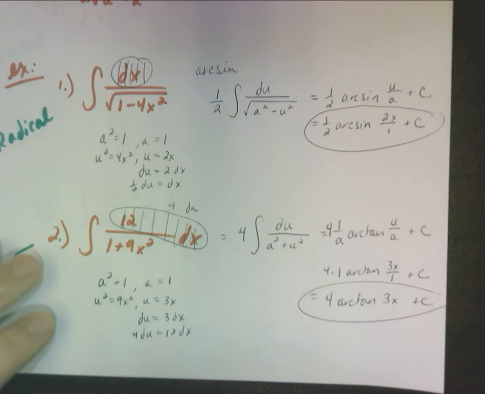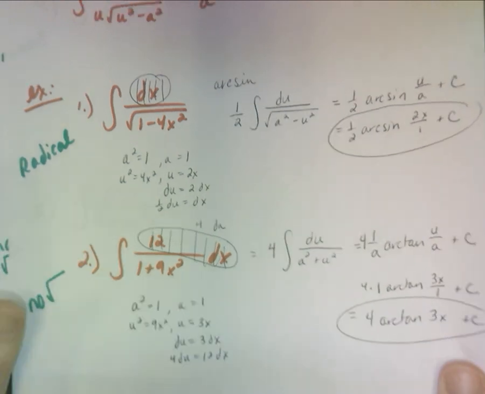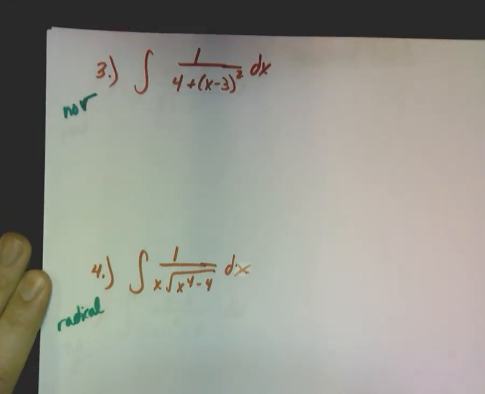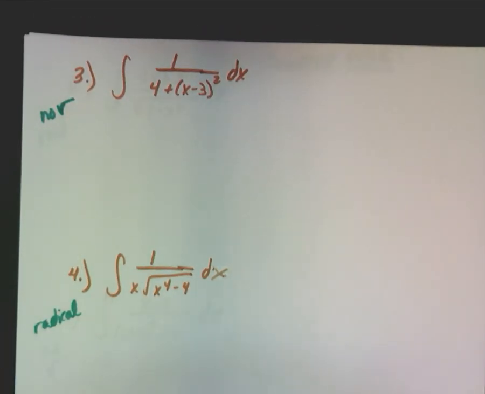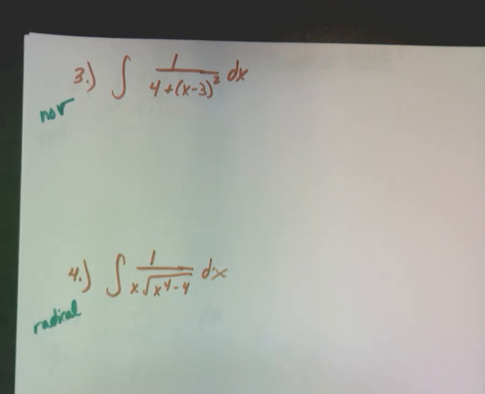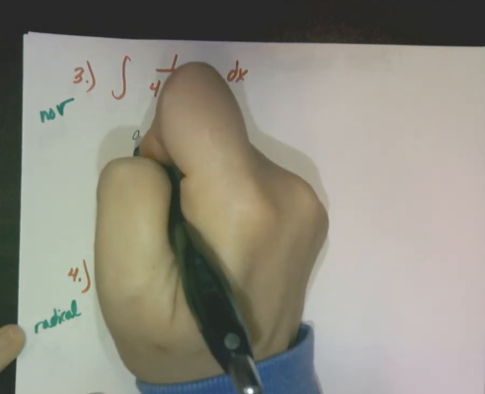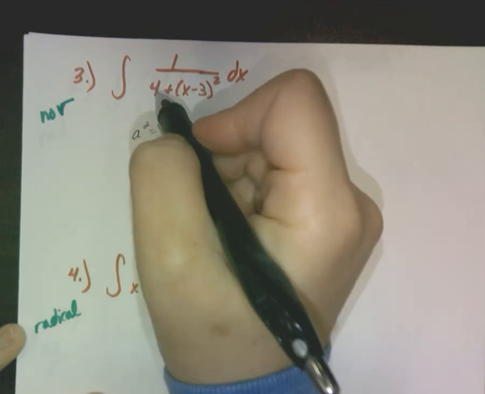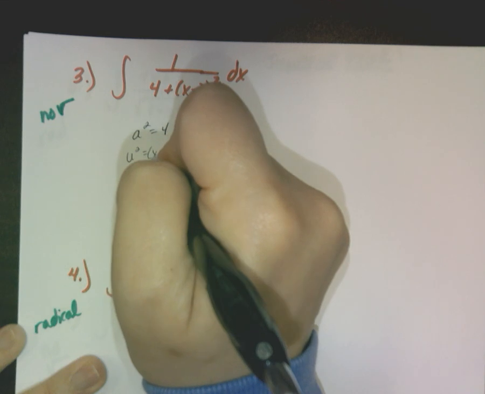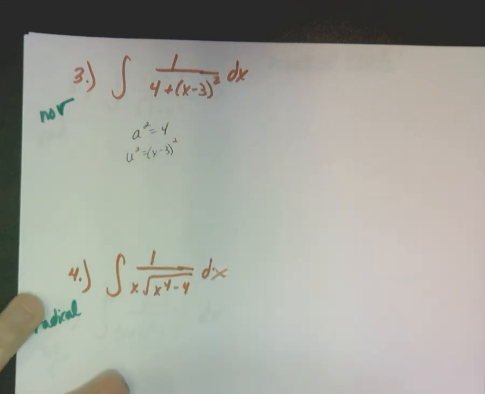Okay, moving on. See, they're not bad yet. Just kidding. All right, this one, a little different. So we have no radical, so I know it's going to be the arctan again. So let's just find out what my a and my u are. My a squared is 4. This is my u squared, x minus 3 squared.